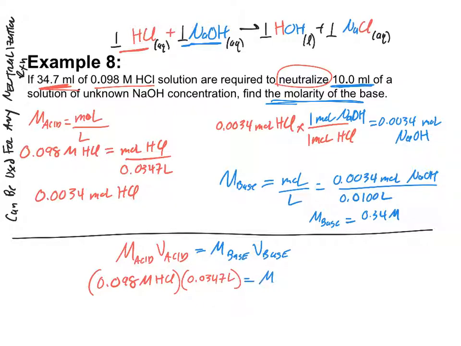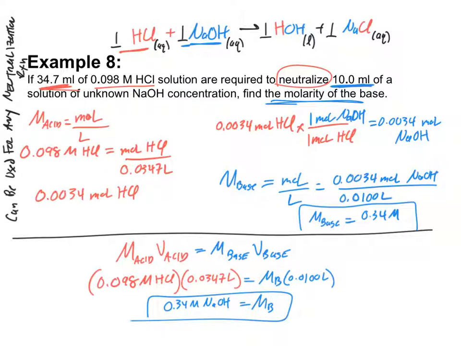We're asked to calculate the molarity of the base when we used 10 milliliters, so that would be 0.0100 liters of the base. So when I solve for the molarity of my base, 0.098 times 0.0347 divided by 0.01, I get a value this time of 0.34 molar NaOH.